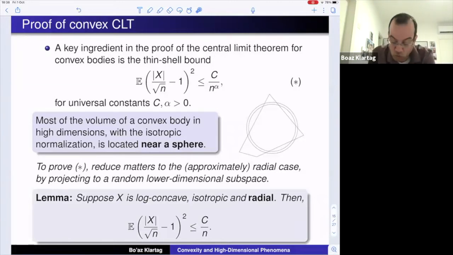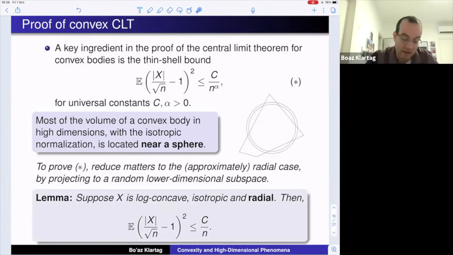Okay, so how would you prove the thin shell property of convex bodies? The idea is again to use this concentration of measure phenomenon, and you do some tricks. You project to some lower dimensional subspace, and you show that various functions are roughly constant on the sphere, and this means that somehow you get some distribution which is approximately radial in the lower dimension, because if a function on the sphere is roughly constant, it means that the density is roughly radial in some cases.